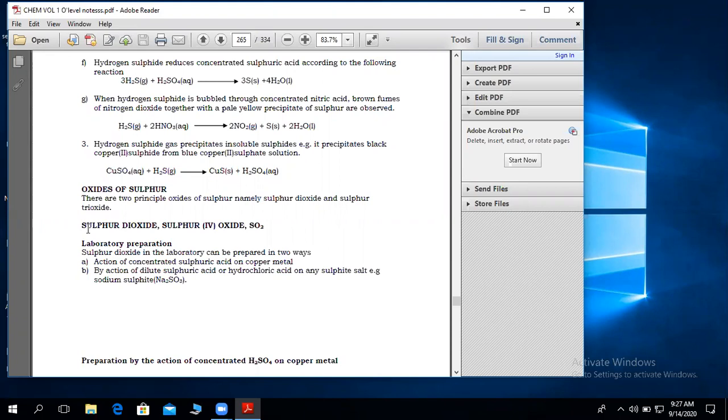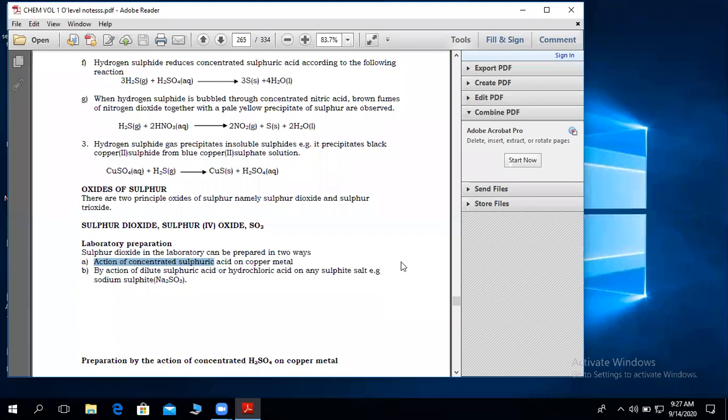When we use copper turnings or copper metal and we want to prepare sulfur dioxide gas, this one has a condition attached. We must use it with concentrated sulfuric acid.